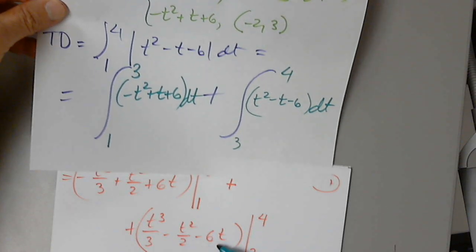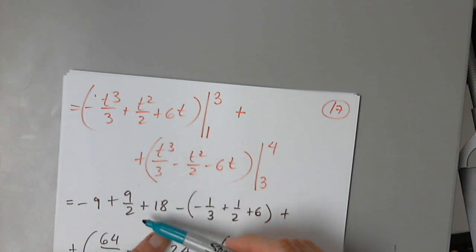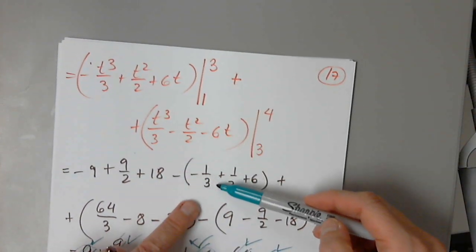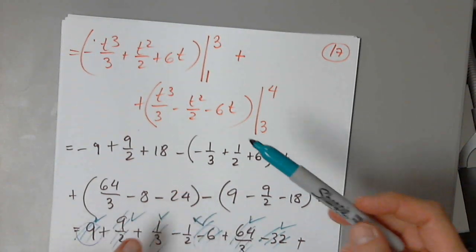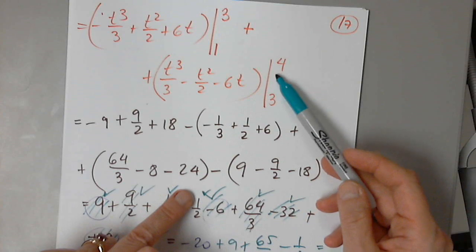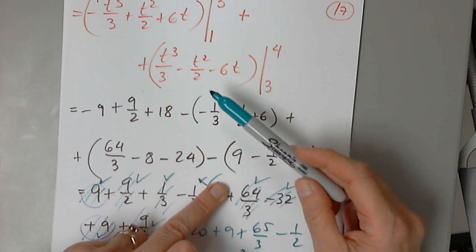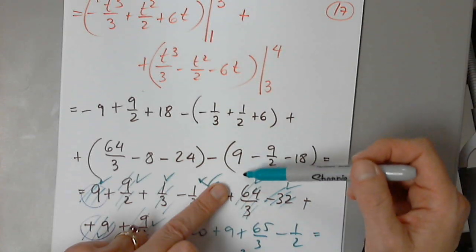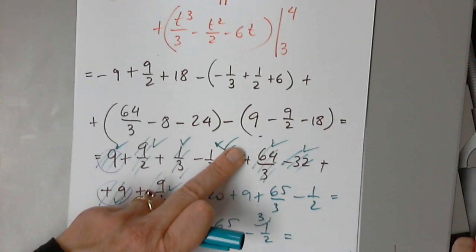Yeah. Is it 6 times 4 still 24? Minus 27 over 3, still 9. 9 halves. And negative 18.